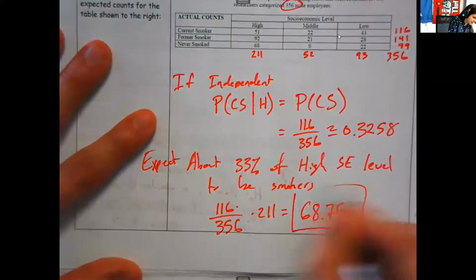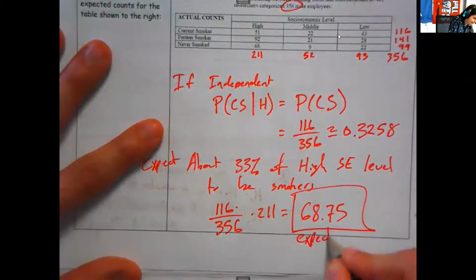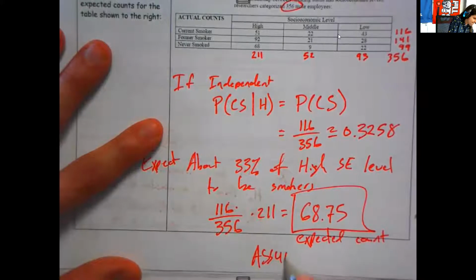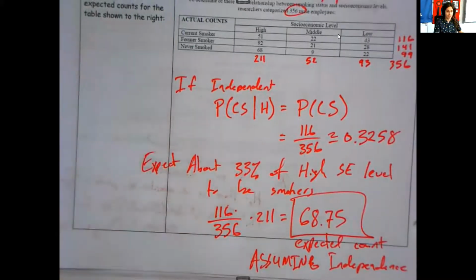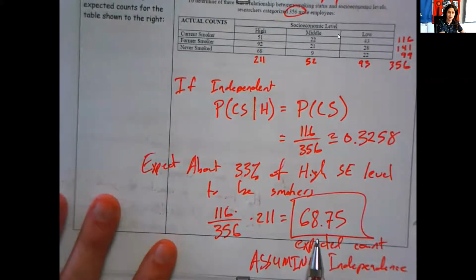So this is the expected count, assuming independence. Did 68.75 people actually be high socioeconomic level and smokers?